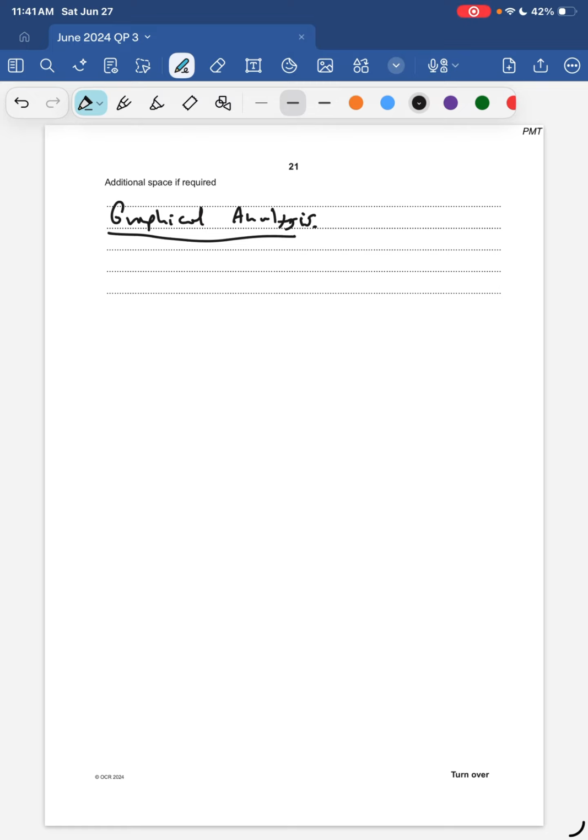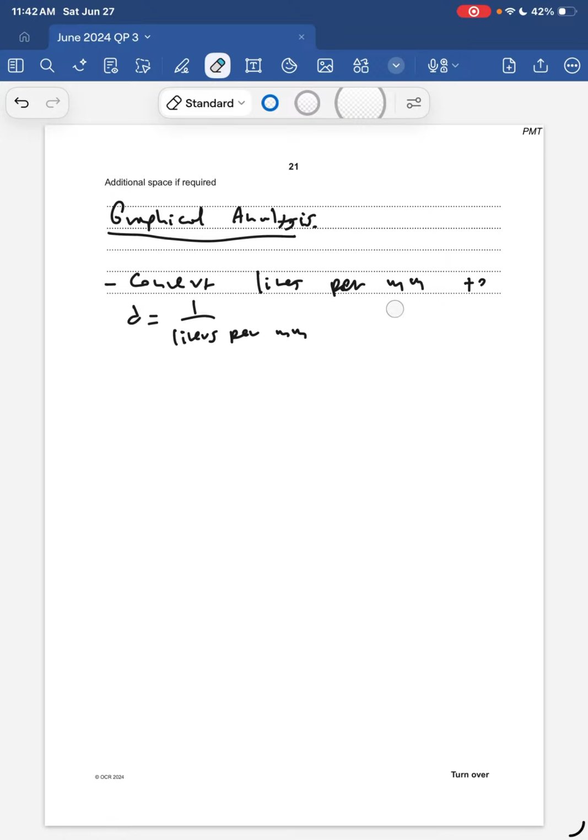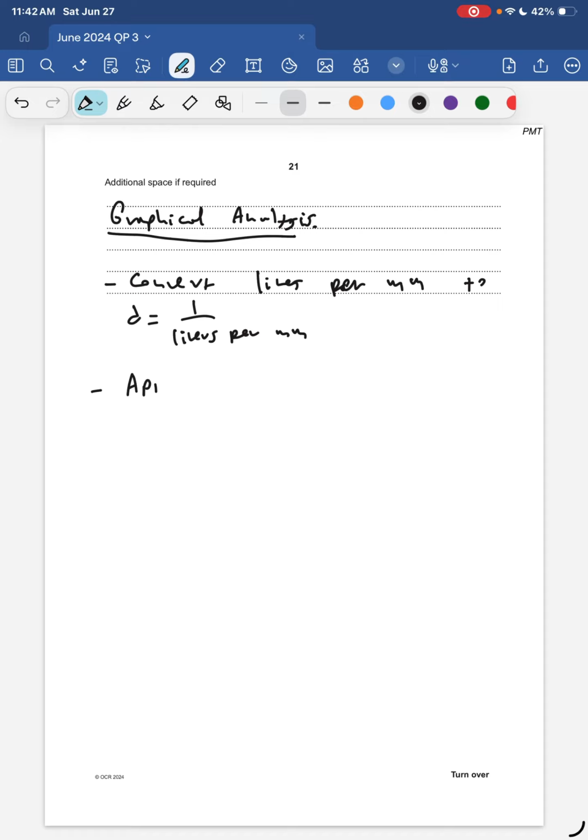Once we have all these measurements, we first convert lines per millimeter to d, which is 1 over lines per millimeter. Next, apply d sine theta equals n lambda, so sine theta is proportional to n.